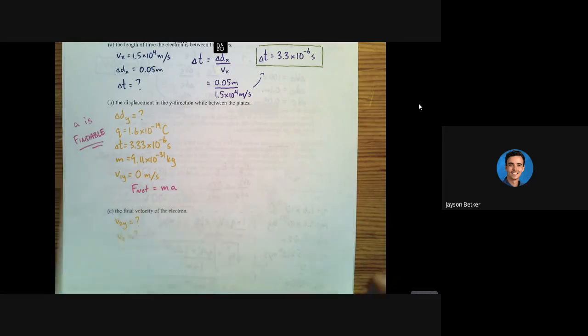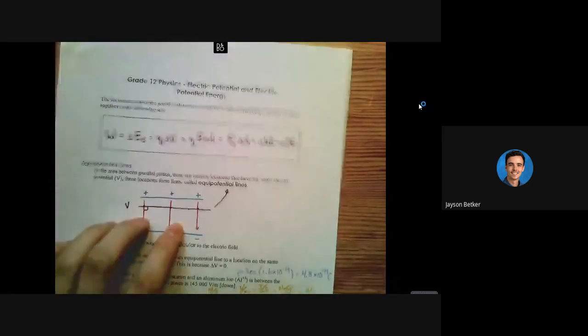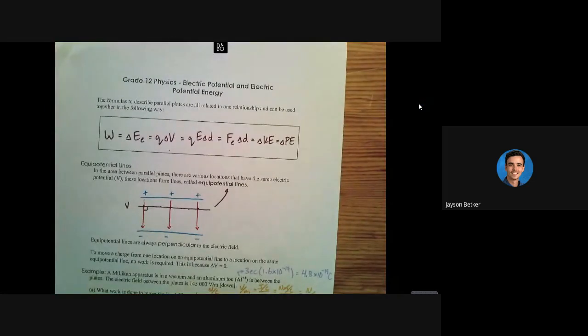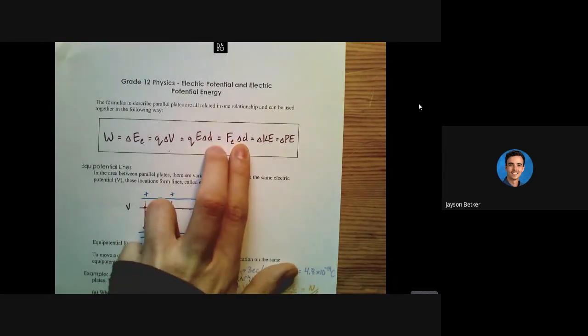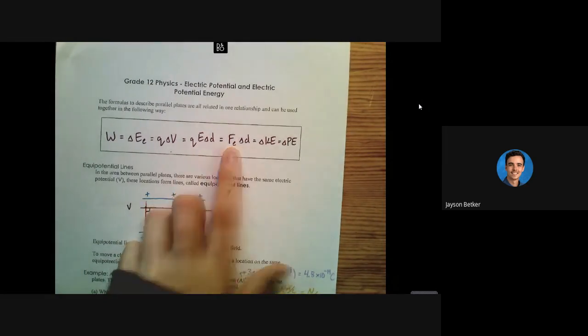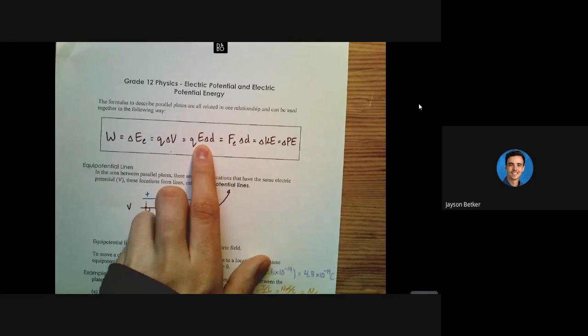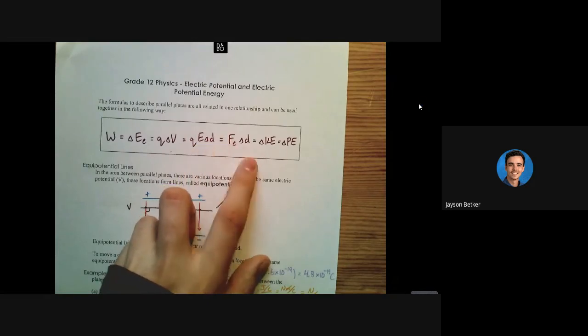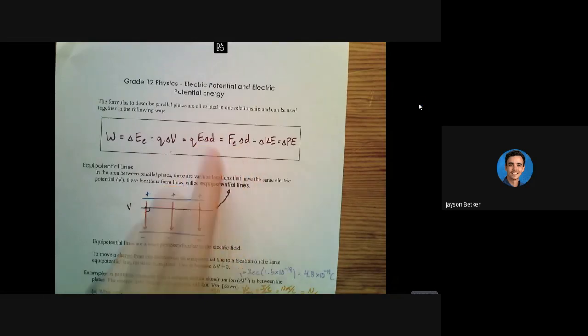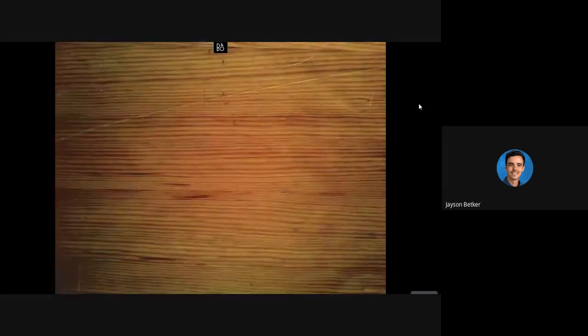But now what we have is F net from that. Am I going to be able to find it, or am I just going to make things more confusing here? From this relationship right here, where the delta D's cancel, I have Fe equals Q times E. We've seen that before. That's the electric force is equal to the charge times the electric field.